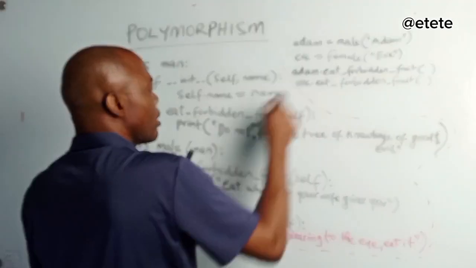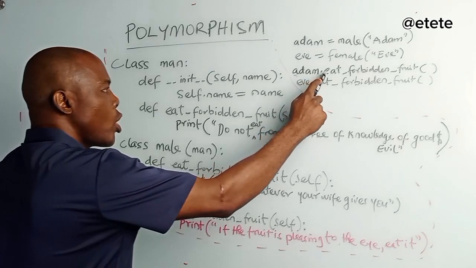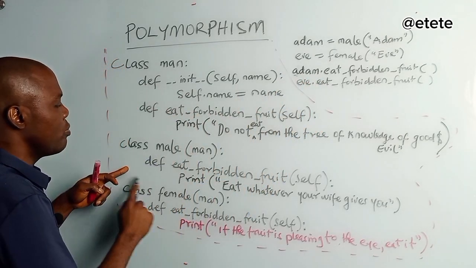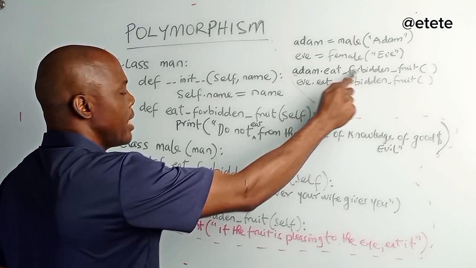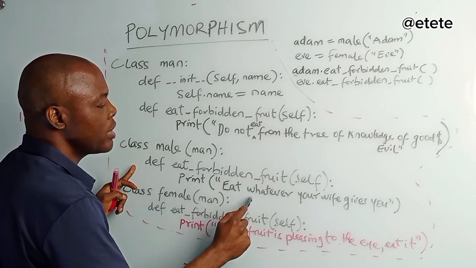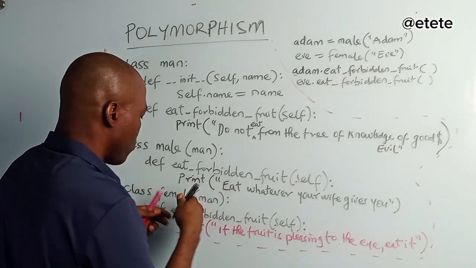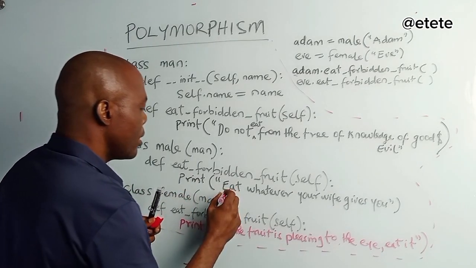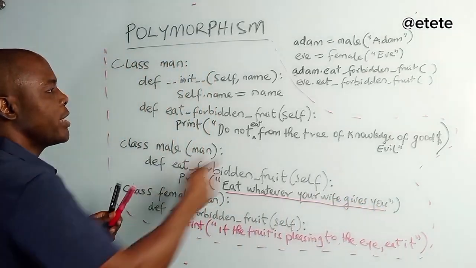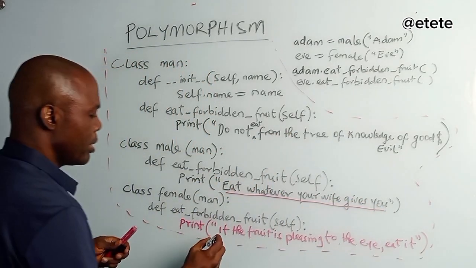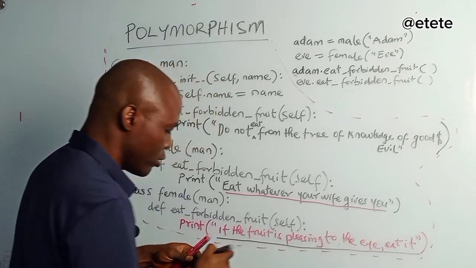Now once you call this, the first thing it will do will be to go into the child class and then see if this method exists there. Yes, the method exists, so it's going to print it out. For the first one, it's going to print out eat whatever your wife gives you, while the second one is going to print out this. That's what it's going to print out.